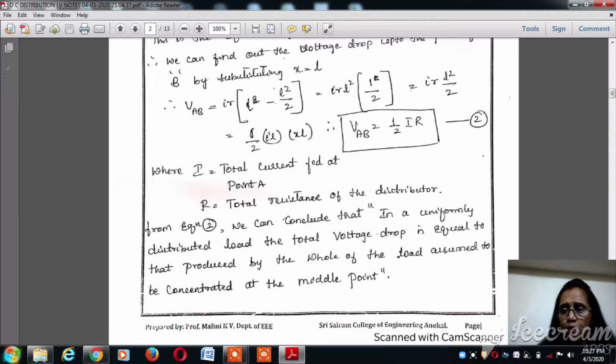From this equation 2, we can conclude that in a uniformly distributed load, the total voltage drop is equal to that produced by the whole of the load assumed to be concentrated at the midpoint.